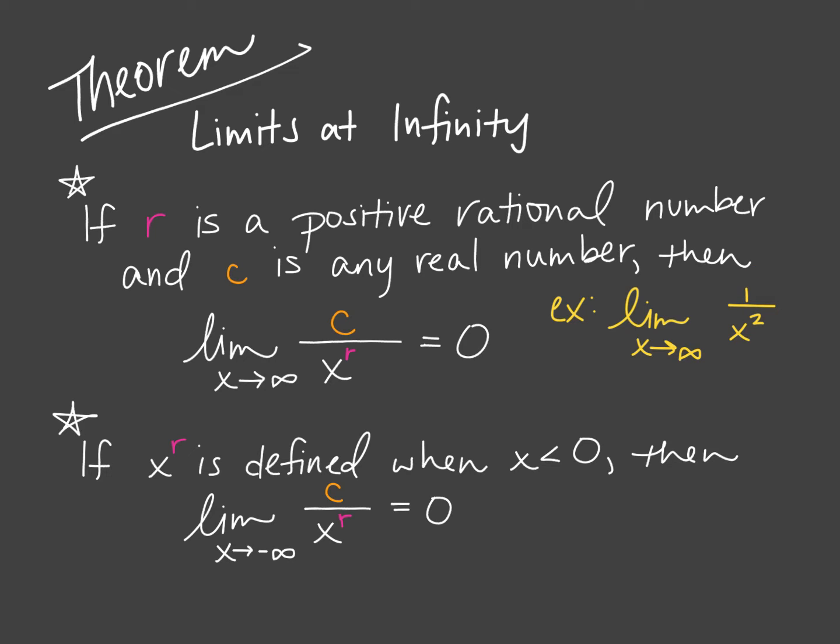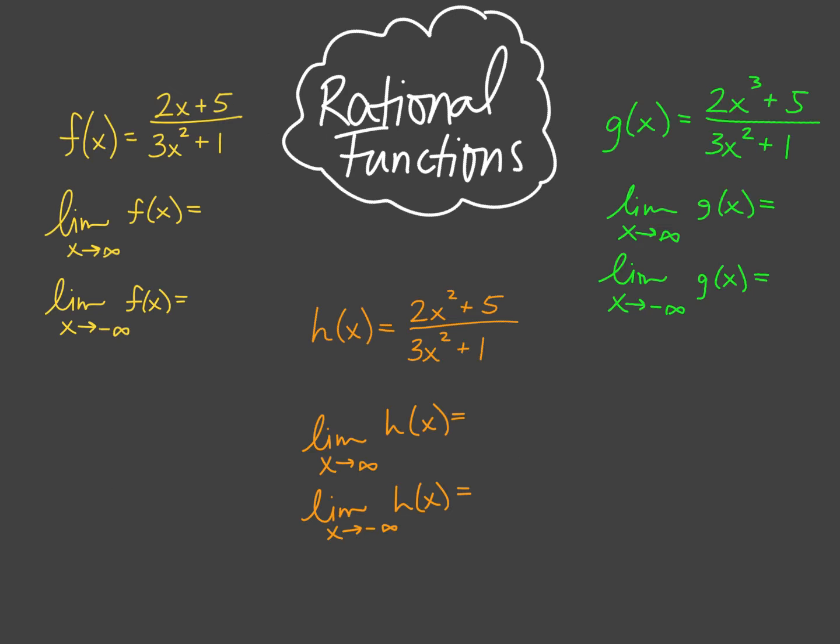So this is 1 divided by a huge number, a number that's getting very large. Now that large number is getting squared, so it's even bigger and bigger. Think about dividing 1 by 100, 1 by 1,000, 1 by 1,000,000. You're getting so small that you're approaching 0. And that is why this limit holds as x approaches positive infinity.